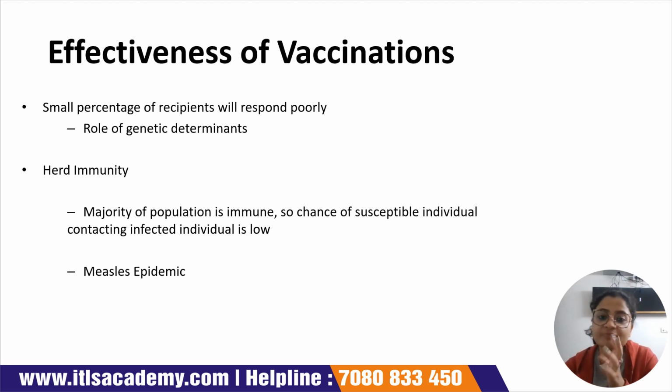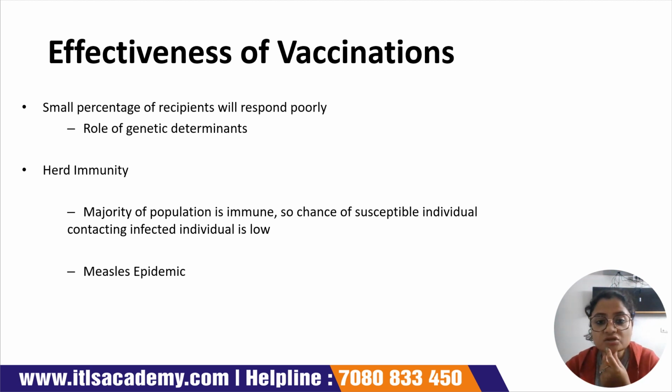Means either they have been vaccinated, immunized, or they have already contracted the disease multiple times, so now they have automatically got immunized. Means natural immunity or passive immunity, in either way they have been immunized. So what will happen, the remaining 25 or 30% of the population, maybe they had not yet been immunized or vaccinated, but still the risk of these persons getting infected is automatically lowered. Why? Because most of the people are immune.